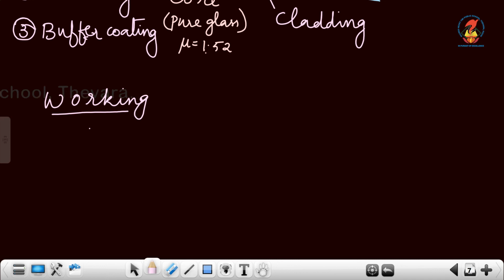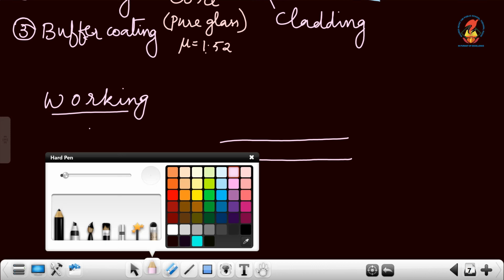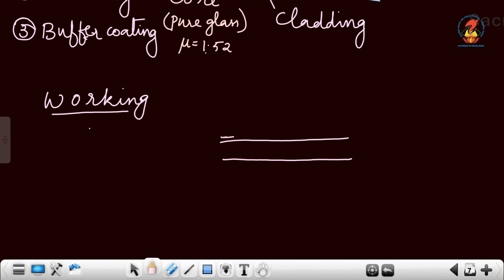Now what happens is that, so this is the core layer. Outside the core layer we have the cladding. Then the buffer layer, which I am not drawing right now. What happens is that the light which gets inside the core layer, from the core layer it goes to the cladding.